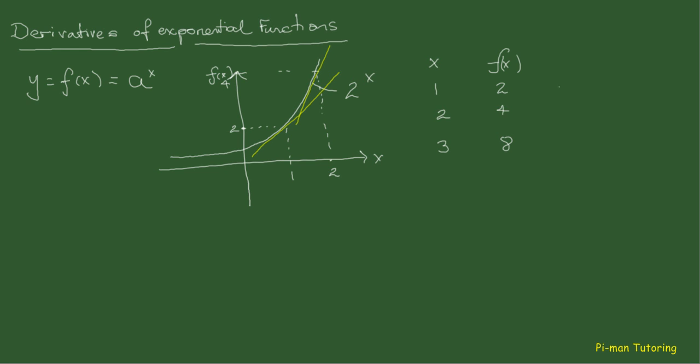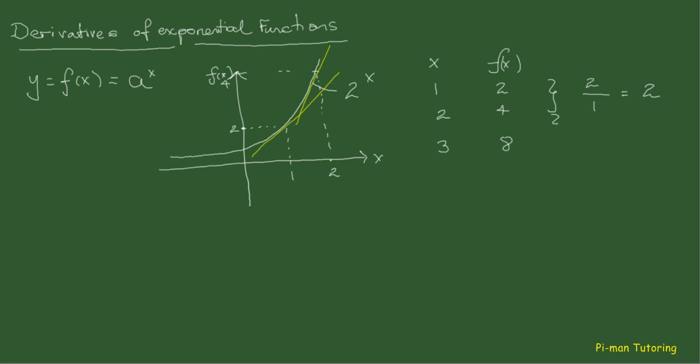If we look at this simple table of values, we can see that between x equals 1 and x equals 2, we have a change in f of x of 2 and a change in x of 1. So we have a slope of 2.